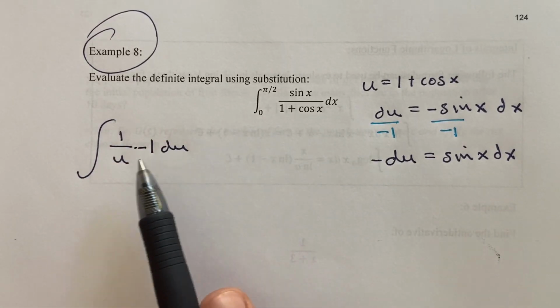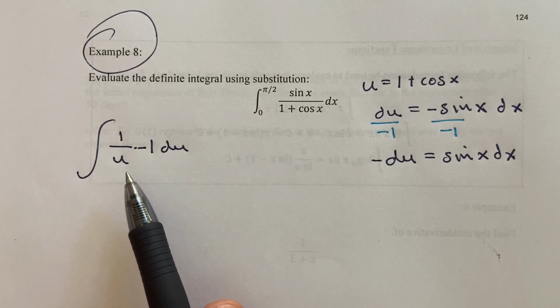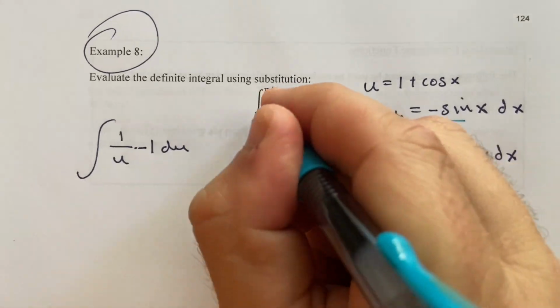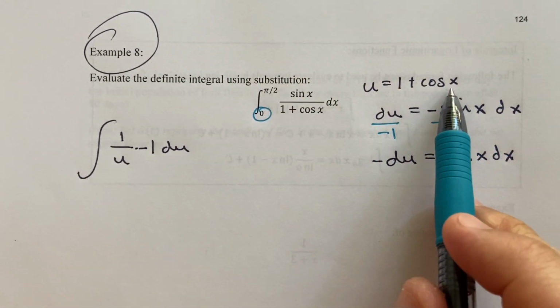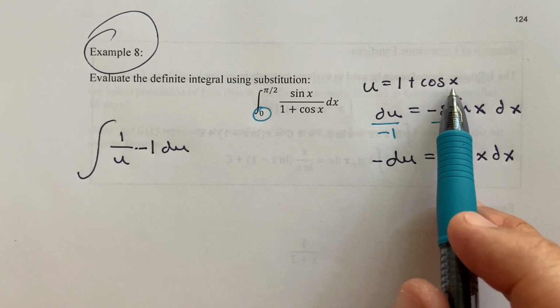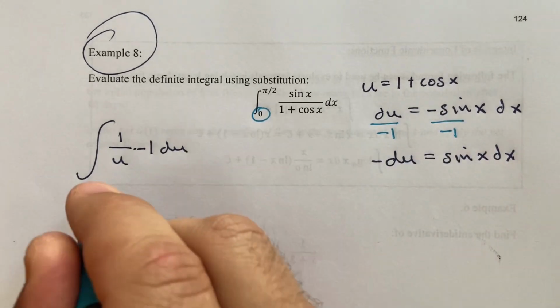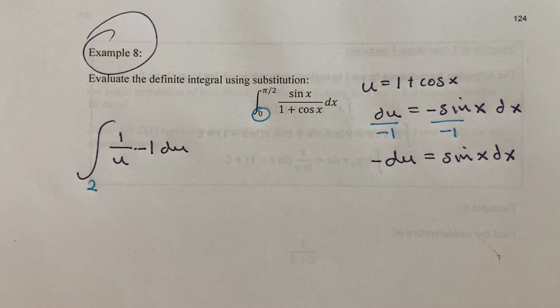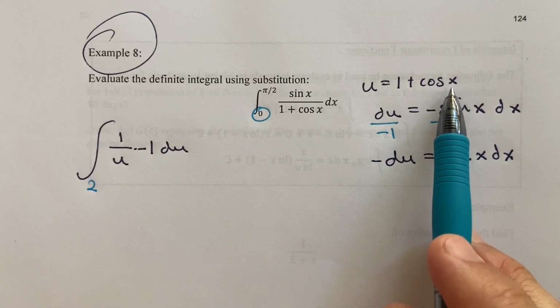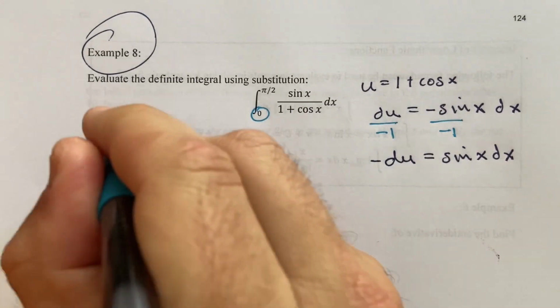Again, if I want to switch my limits, that's a good option. So I take this lower limit, plug it in here to see what my new lower limit is. So cosine of 0 is 1. 1 plus 1, we have a 2 now. Plug in pi over 2. Cosine of pi over 2 is 0, plus 1, we get 1.